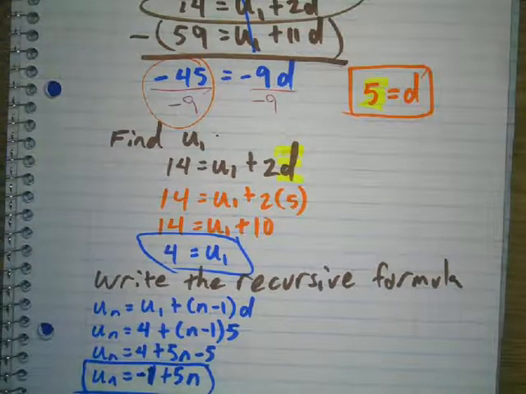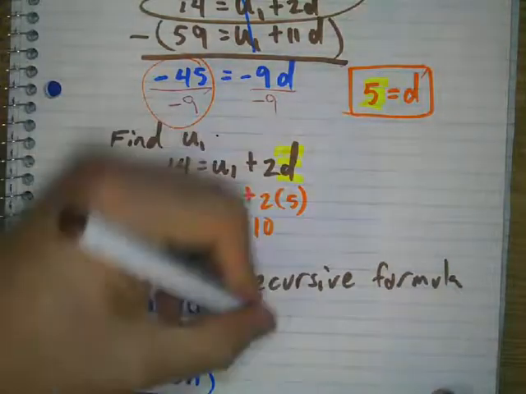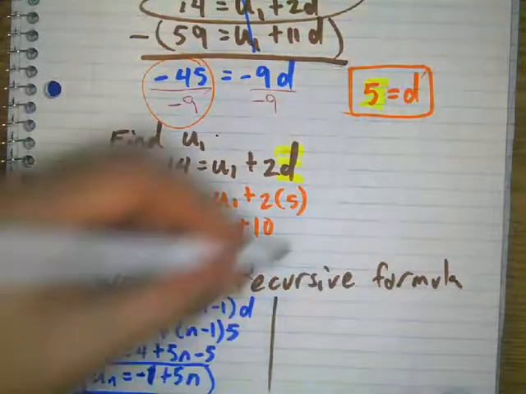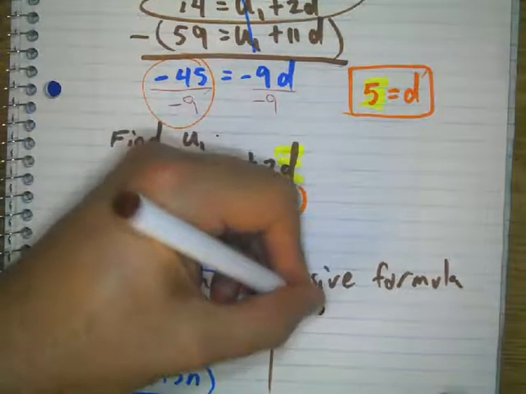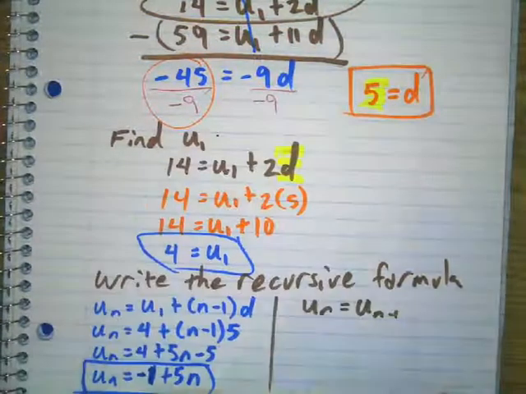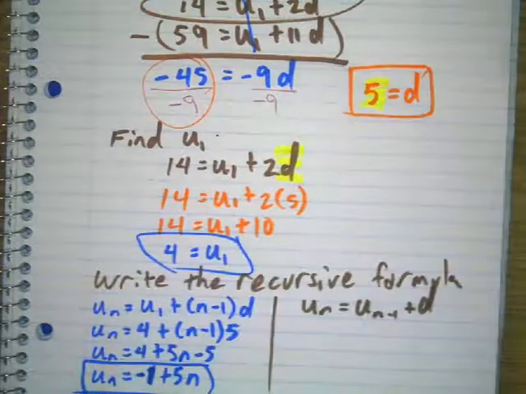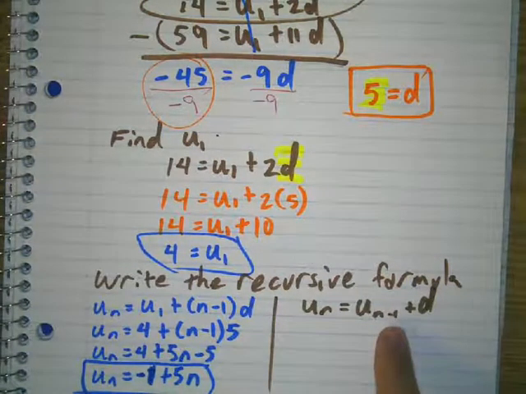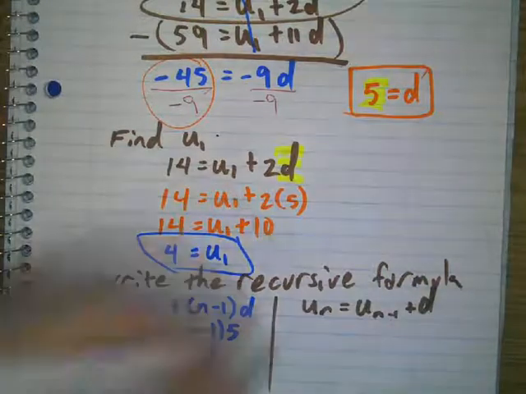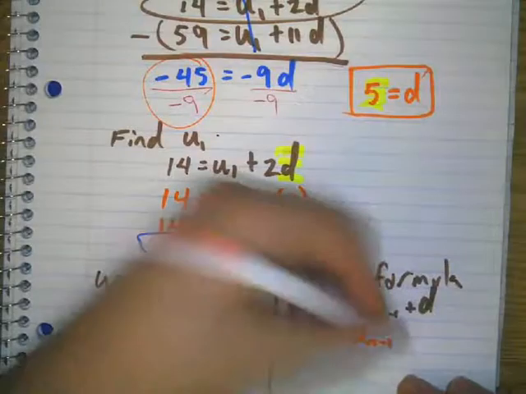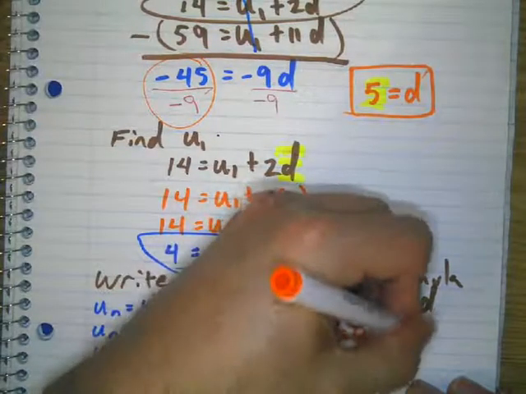Now, in MathSpace, they're having you think of it, write it this way. They're asking you to write it as u sub n equals the previous term, u sub n minus 1 plus d. Okay, so we would write this as u sub n equals u sub n minus 1 plus 5.